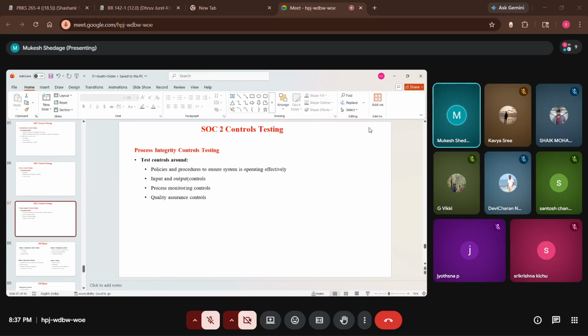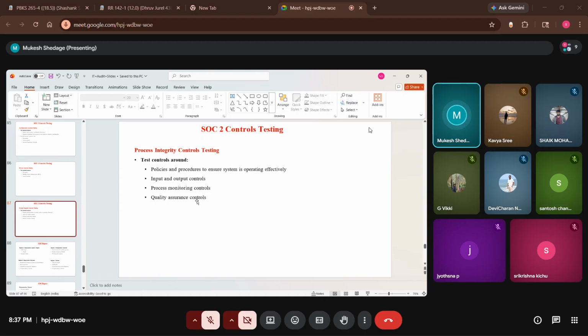Then processing integrity: input, output control, processing control, quality assurance. Understood? So all the controls we have already learned, we will test only those controls in SOC 2. Nothing different. Only thing, they are segregated into five trust service criteria.